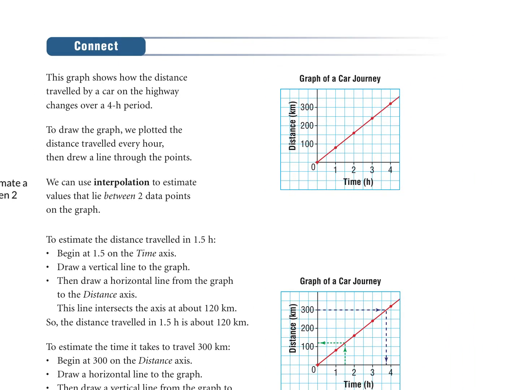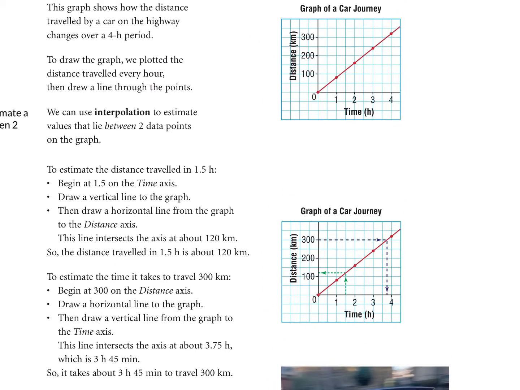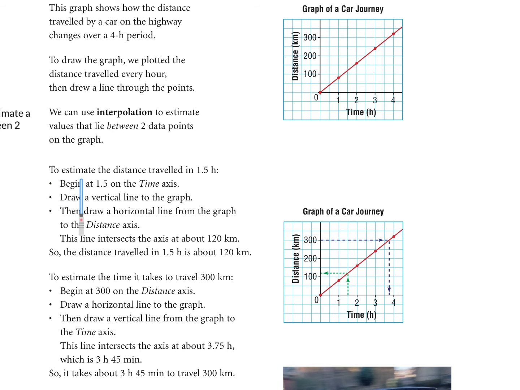So that means we can interpolate, meaning look inside of this graph in order to get the data we're looking for. In this case, it's telling us to estimate the distance traveled in 1.5 hours, beginning at the 1.5 mark on the time axis. As they show us down here, this is where 1.5 hours is. The graph is the same as the graph up top, and all they did was put the 1.5 hour mark right here on the graph.